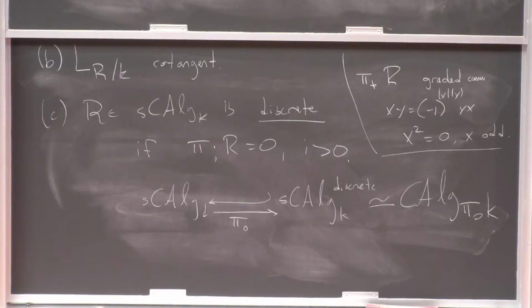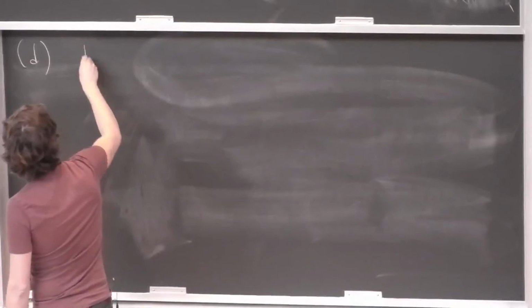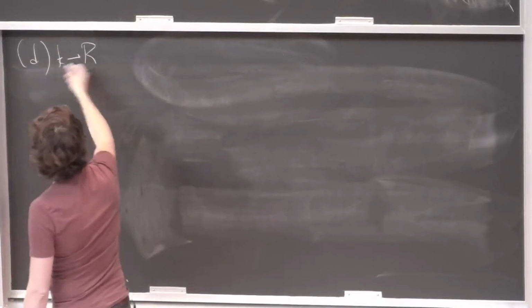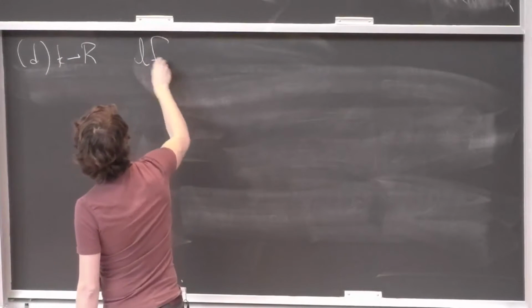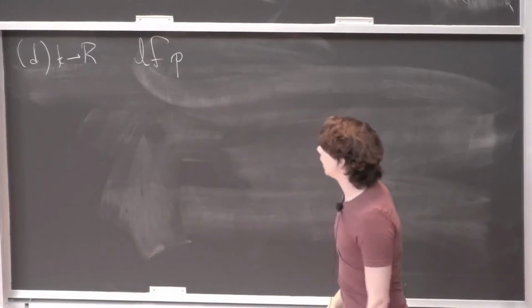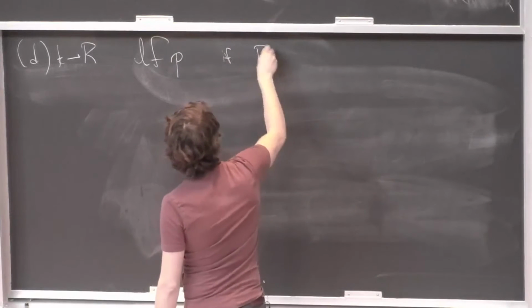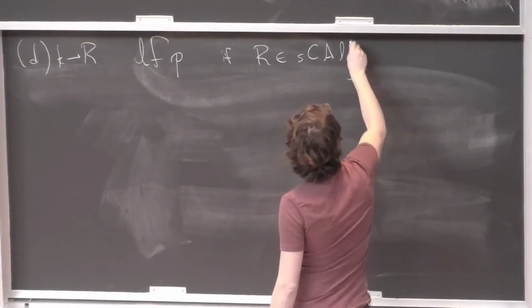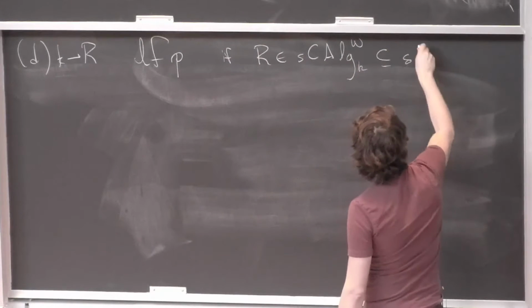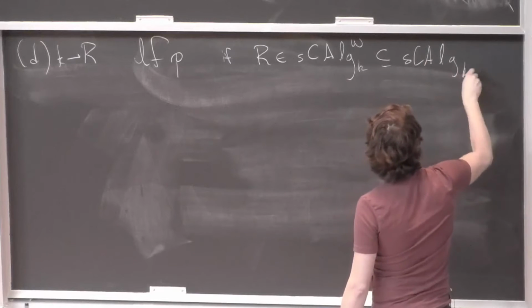So finally, I just wanted to say that, let's see, if I have a simplicial commutative K algebra R, this is locally of finite presentation if R is inside the full subcategory of compact objects, and I'll define what this means in just a second.